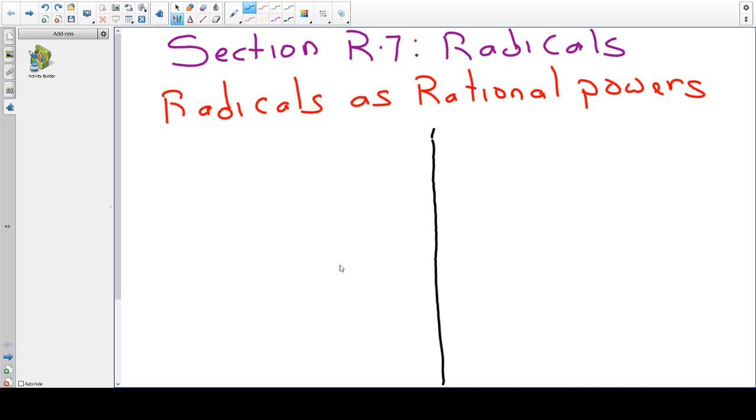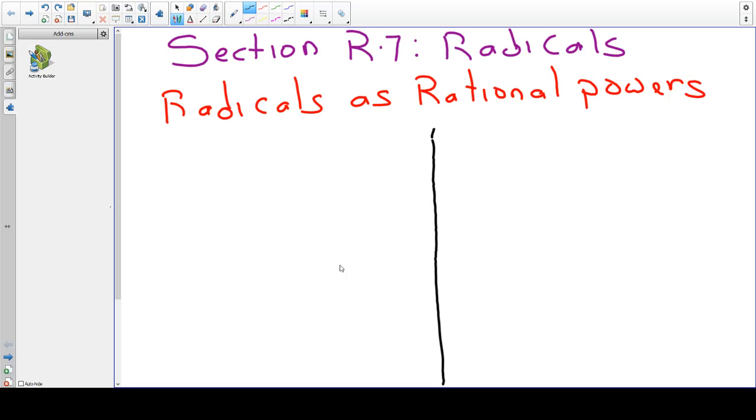We've also seen how to add, subtract, multiply, and divide radicals. So the second half I'm going to start now is going to be about expressing radicals as rational powers, or expressing rational powers as radicals. It can go both ways.